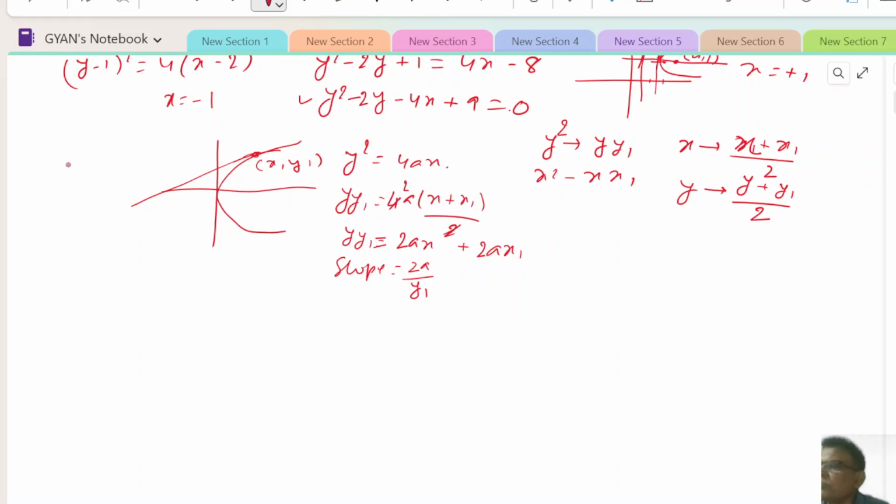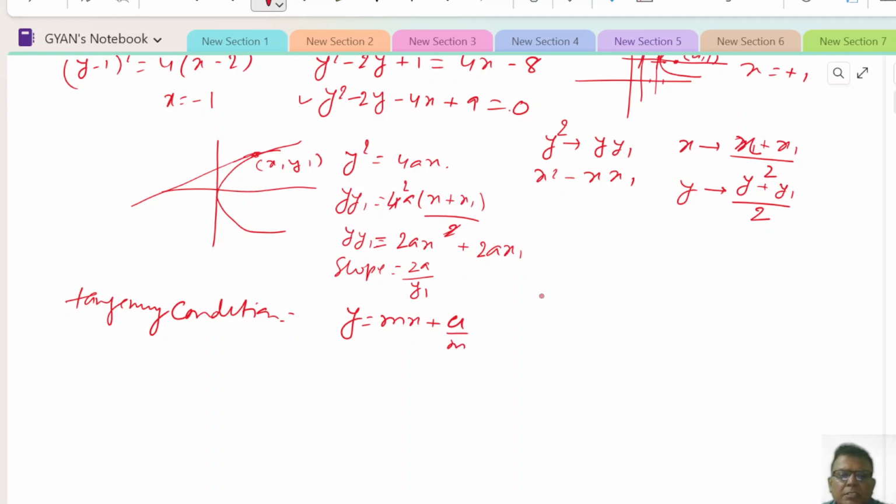Tangency condition. The tangency condition is for the line y is equal to mx plus c, c should be equal to a by m.